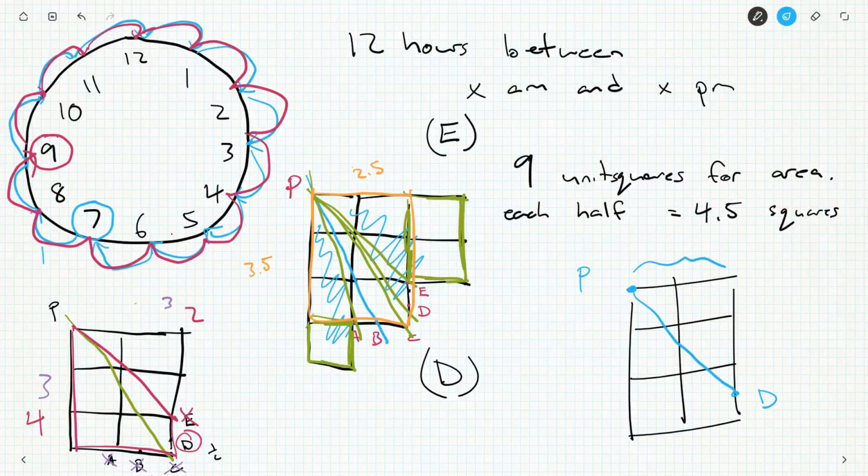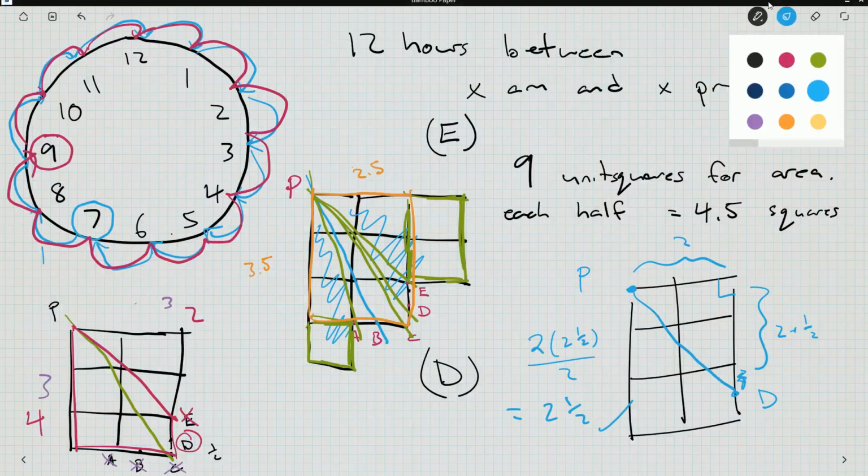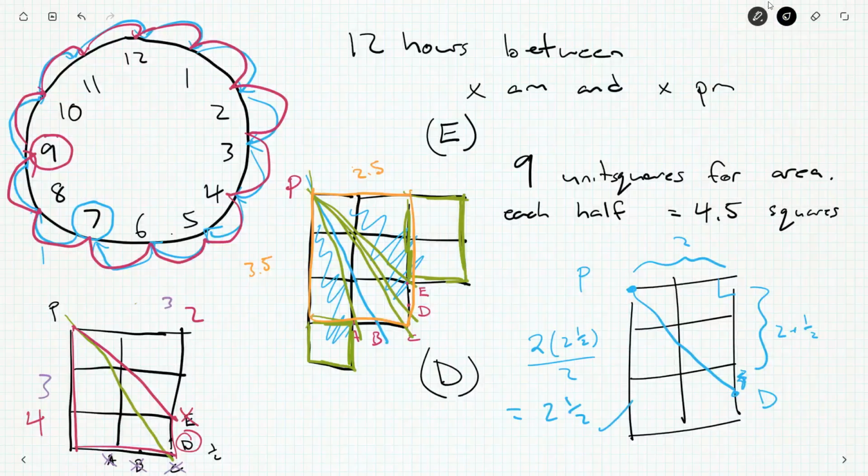Well, we've got a triangle of base 2 and a height of 2 plus the half distance from down here. So it's a right angle. 2 times 2.5 all over 2, because it's base times height over 2. We get the 2.5 we so crave. So we can confirm it. We don't need to at this point because we ruled out A, B, and C, and then we ruled out E. It's got to be D. It's got to be what's left over.